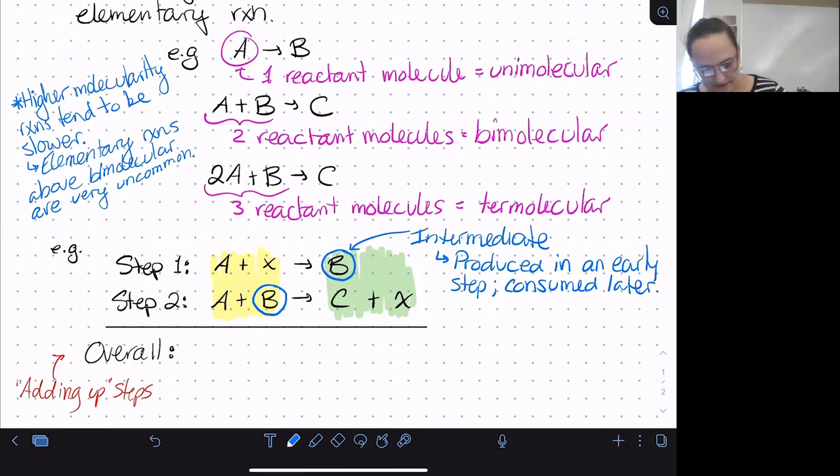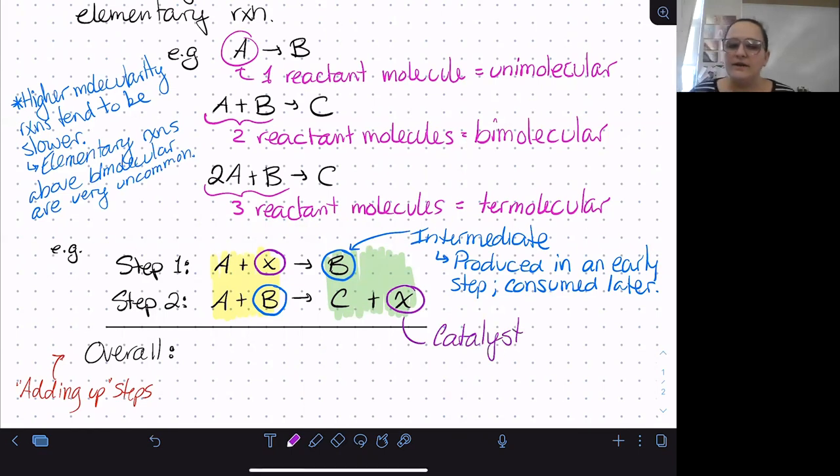We also have X, which appears as a reactant of step 1 and a product of step 2. X is a catalyst. So a catalyst is something that, from a mechanistic standpoint, is kind of the opposite of an intermediate.